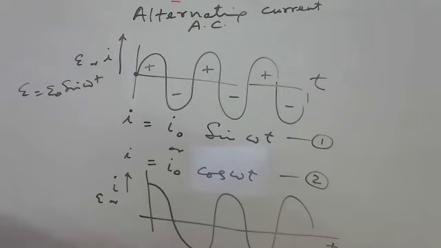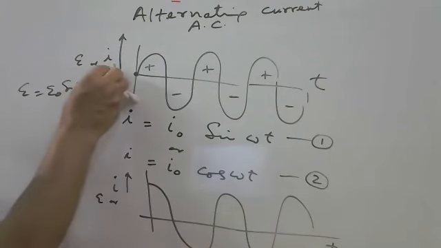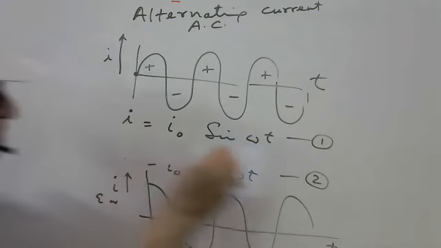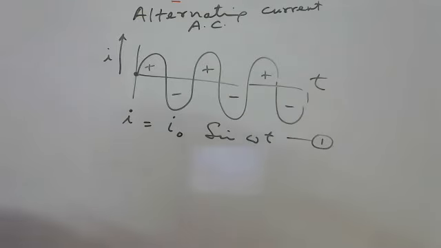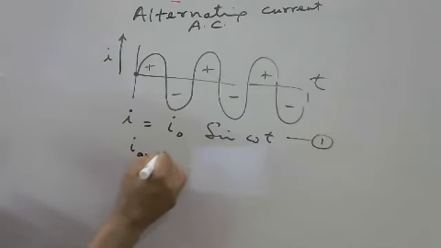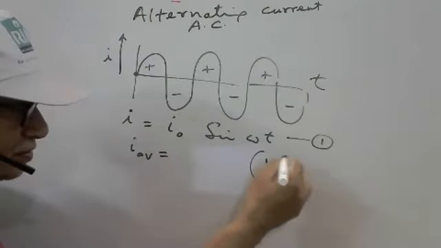Okay. Now the question is, what value of current and voltage can we measure? One may say there is no such question, but here definitely there is, because suppose we consider here the sine function and find out the average value of this in one full cycle.